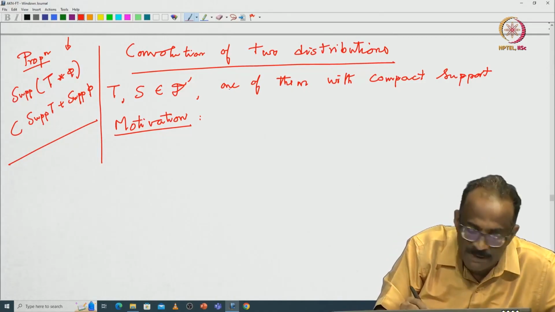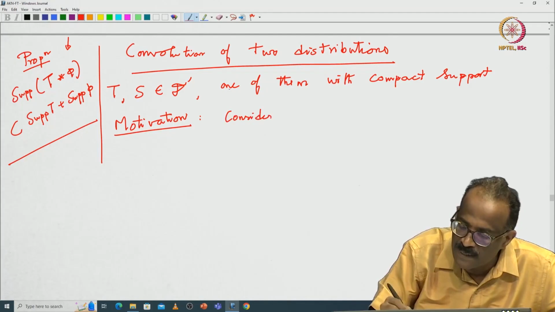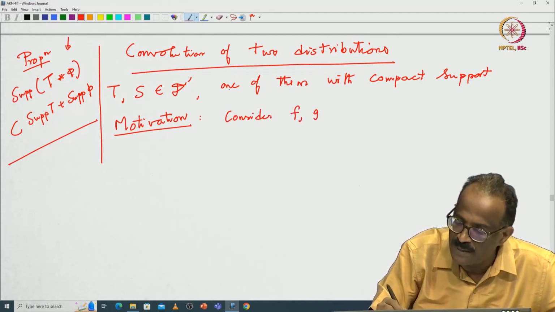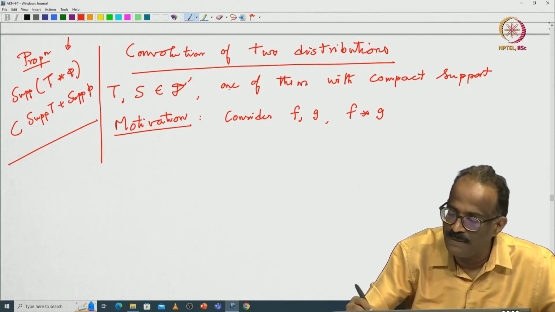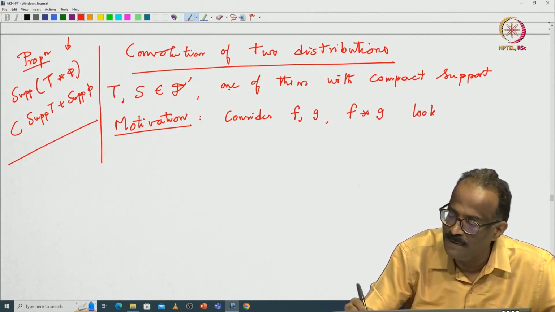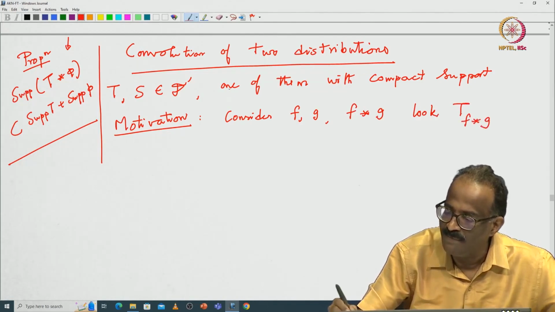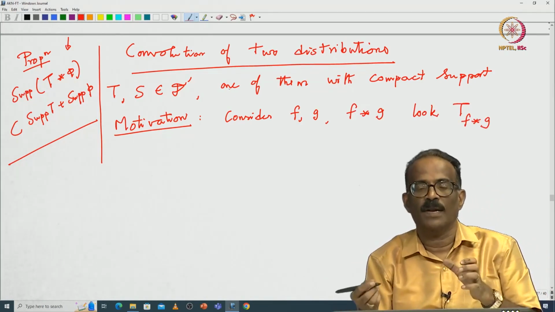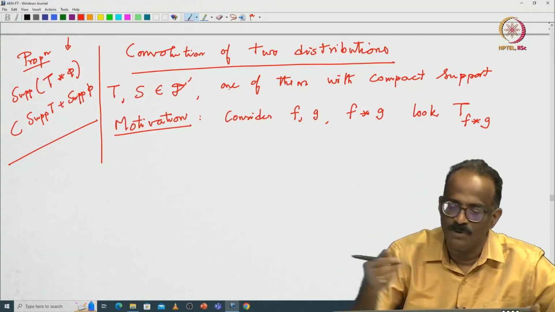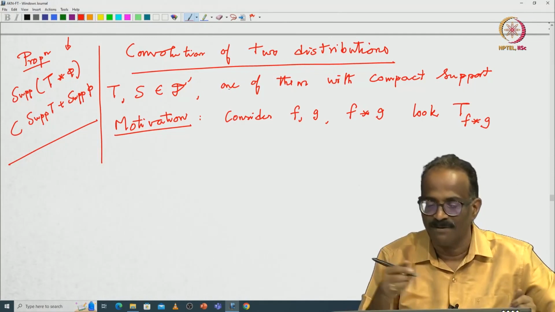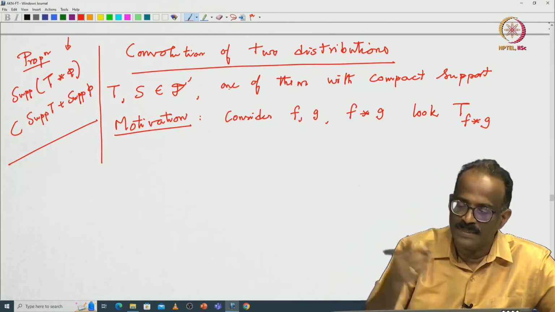So, let us consider f and g, two functions, and f star g, that is how you think, and look at this. So, T produced by f star g. Whether it will give some formula, and when that formula can be used to define the convolution T star S, if Tf and Tg, and then how does it represent.